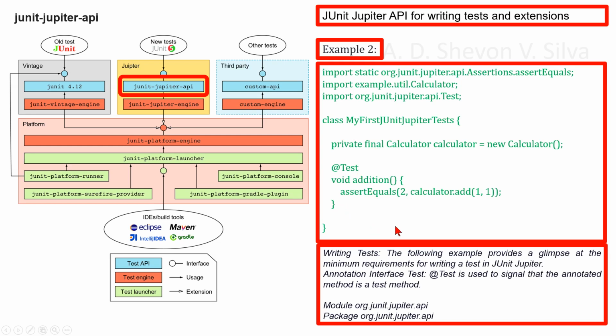Annotation interface Test. At test is used to signal that the annotated method is a test method. Annotated methods must not be private or static and must not return a value.